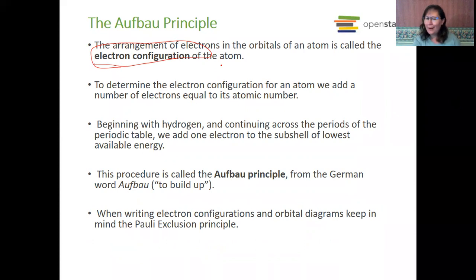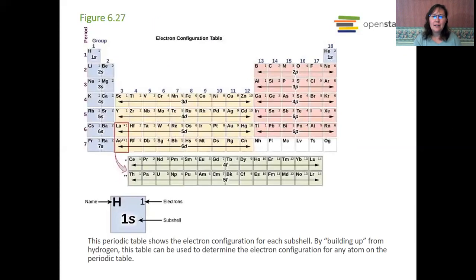If we're talking about oxygen, which is atomic number 8, it has 8 protons and 8 electrons, so we have to account for all 8 of those electrons. The procedure is called the Aufbau principle, which in German just means to build up. It tells you how to add into energy levels, next lowest, and so forth.